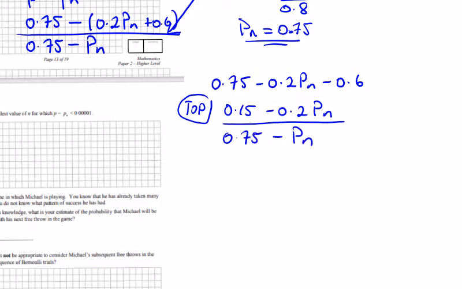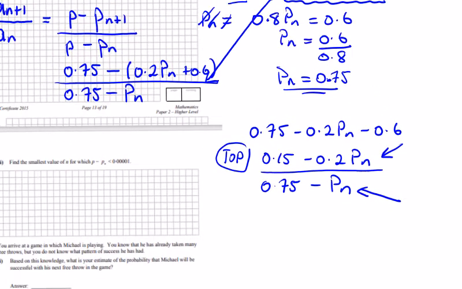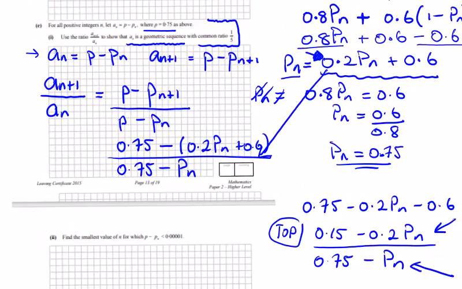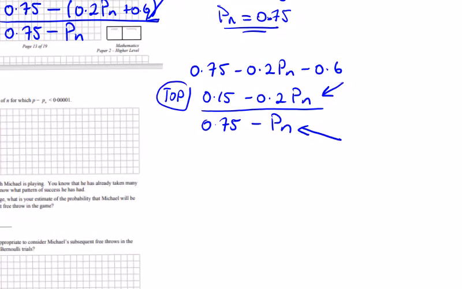So can you see the relationship here? We have 0.2 and we have a 1, so that's a fifth, 1 over 5. And there's something about a fifth in the question here. If you remember, the common ratio is a fifth. So let's see what we have here. If we factorize the bottom to get the top, let's see can we do that. It's a bit of a jump here, but if you factorize out on the bottom 0.15 minus 0.2 pn, the top part.